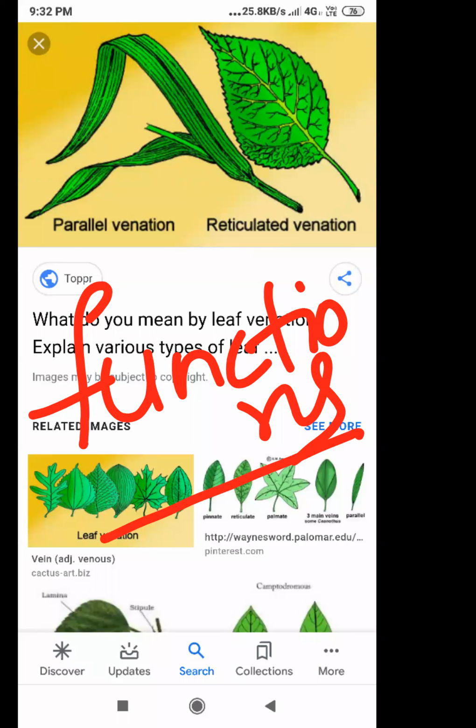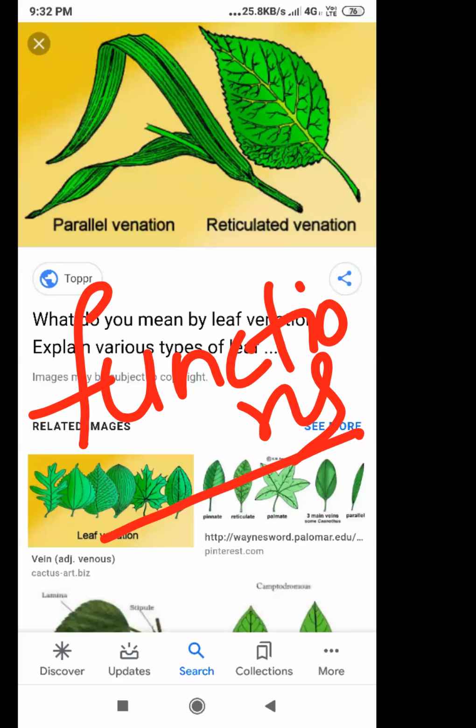Not only photosynthesis, leaves also perform transpiration. Transpiration means the evaporation of water through the leaf. Normally, when water evaporates, we call it evaporation.